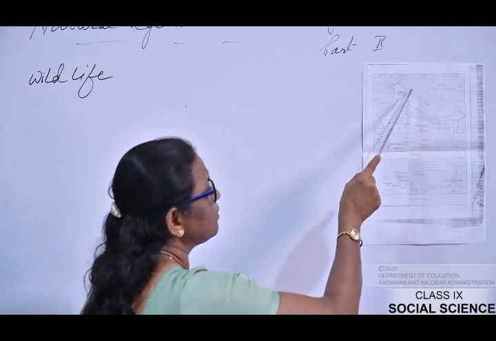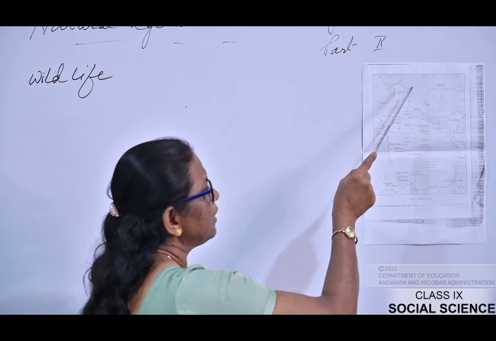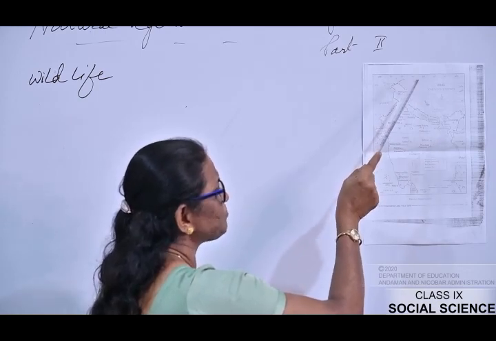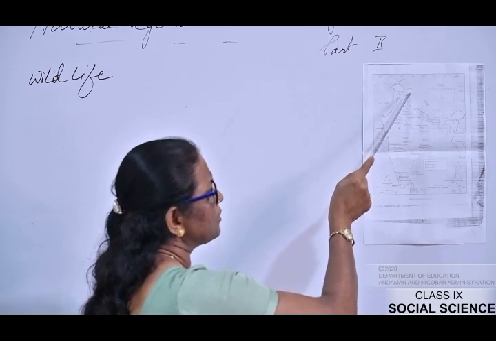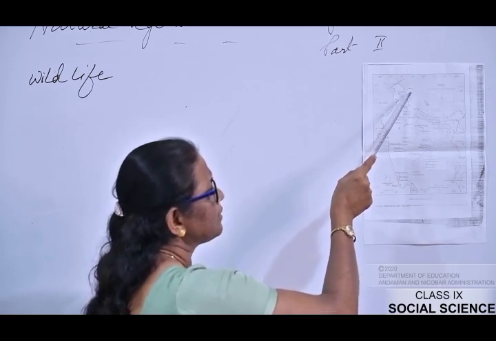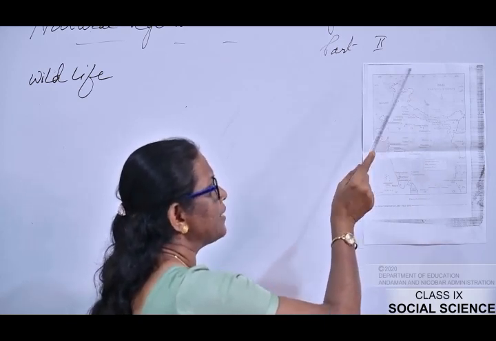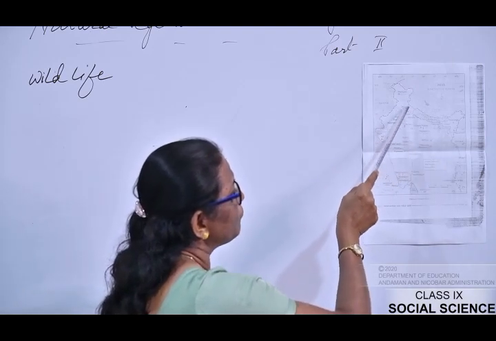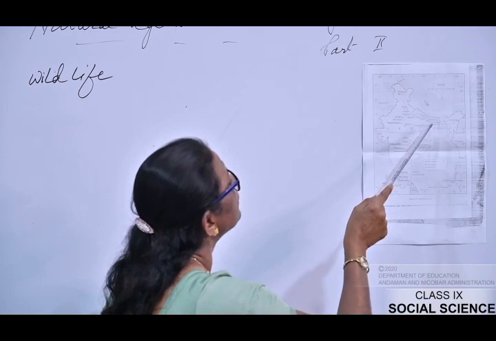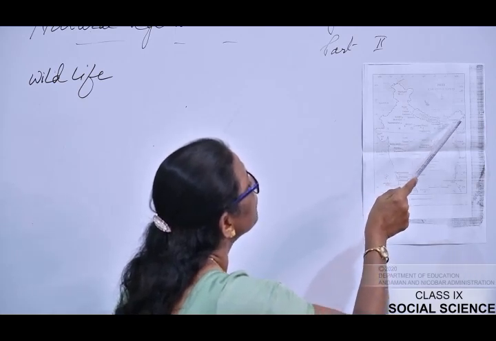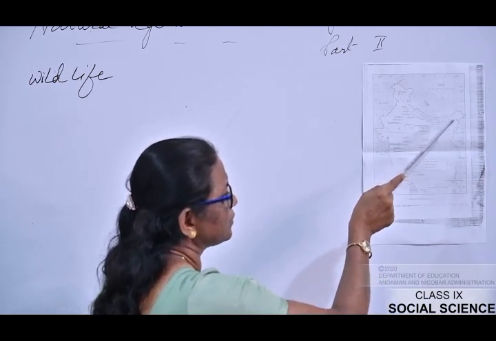Next is Dachingam, this is for bear. Other animals are also there, like red-head panda. Moving to the eastern part of India, then comes Manas National Park.